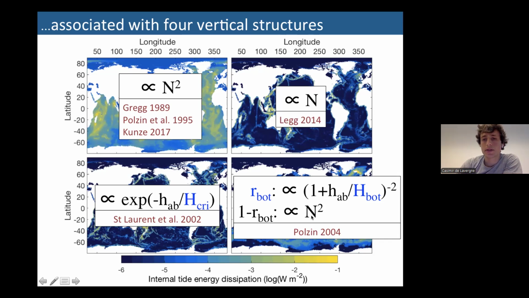So this choice was really designed to match the observations in the Brazil Basin. The idea is that above abyssal hills, there are going to be very high modes that dissipate really mostly close to the bottom. So this formula here is very strongly bottom intensified.